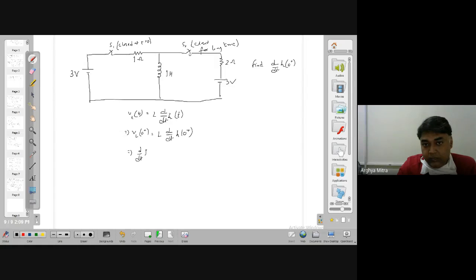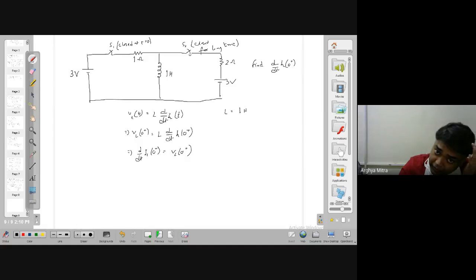So d dt of IL of 0 plus is 1 by L times VL of 0 plus. L is 1 Henry, so it's simply VL of 0 plus. So you need to find out basically VL of 0 plus.